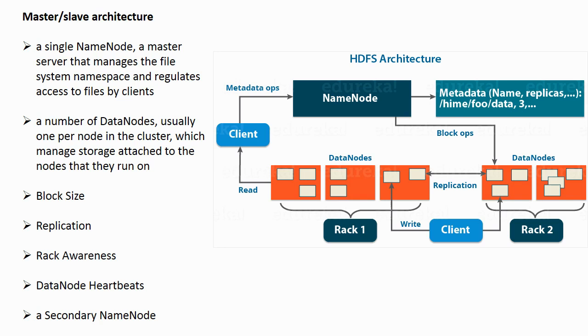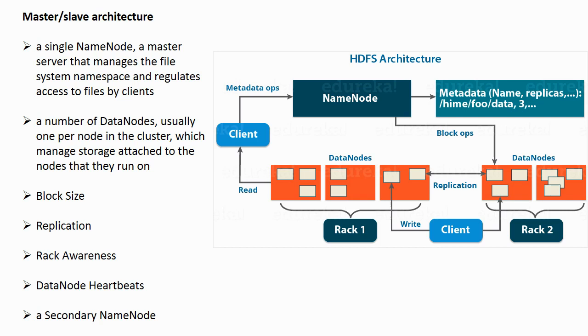Remember that was another main requirement for a distributed file system, high throughput. So fault tolerance and high throughput are ensured by chunking the files into blocks, replicating them, and then storing them across the cluster in a rack-aware manner.